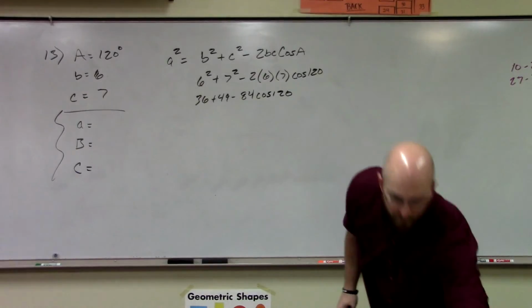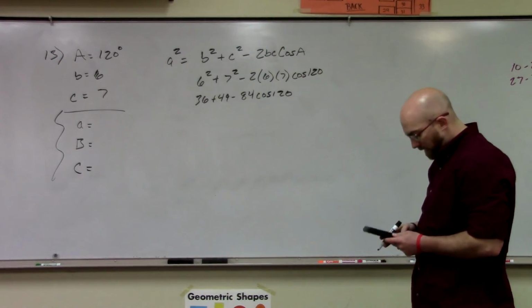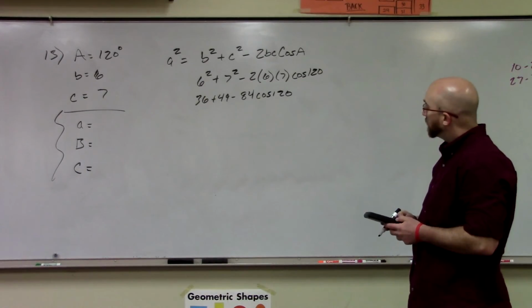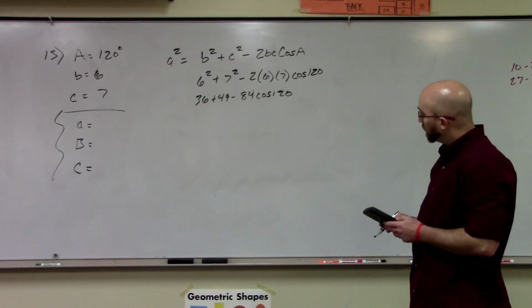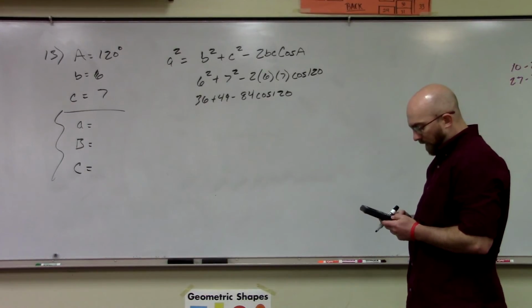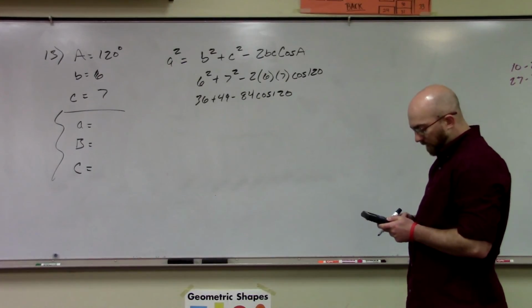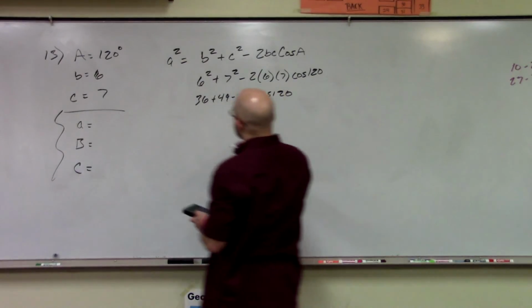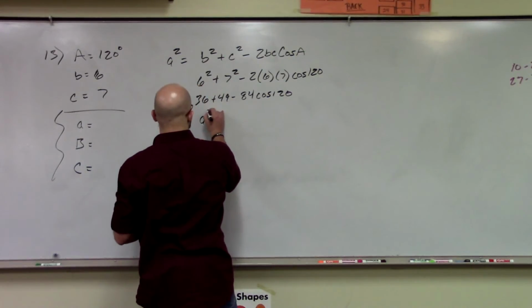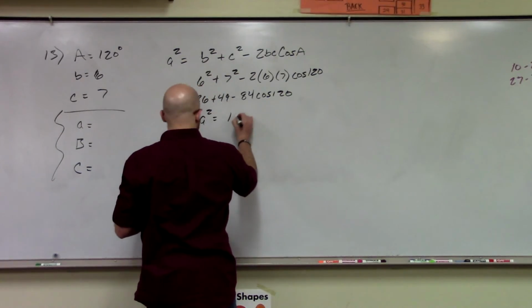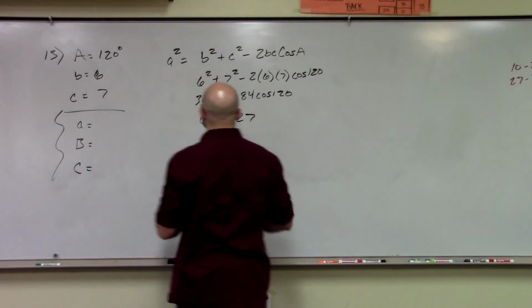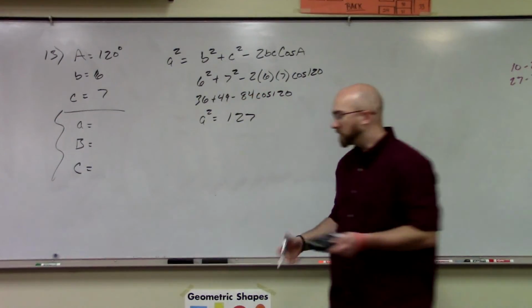Now let's go to our calculator. So 36 plus 49 minus 84 cosine 120. Enter, and a squared equals 127. Do not forget to take the square root.